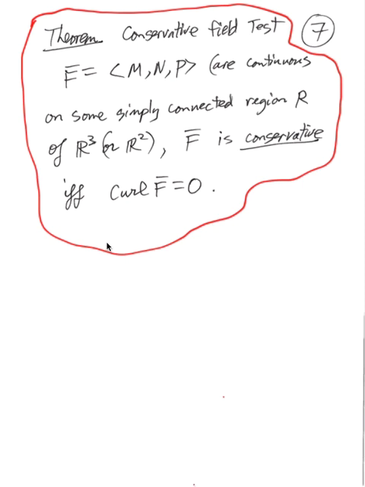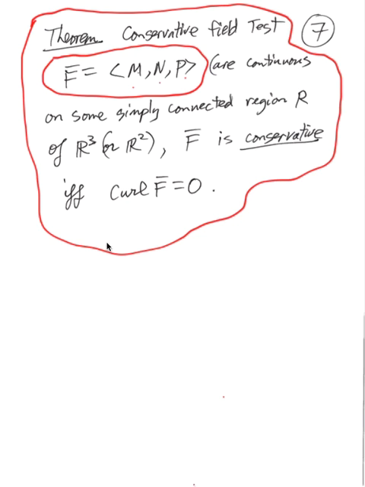Okay, let's say you've got a particular vector field. And now I'm doing this in 3 dimensions, so the most general case, but the same thing holds in 2 dimensions, by the way, everything I'm going to state here. But I'm going to call the I component M, the J component N, and the K component P, and those are functions of x, y, and z, right?